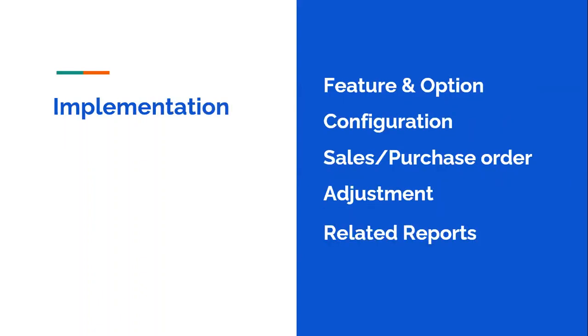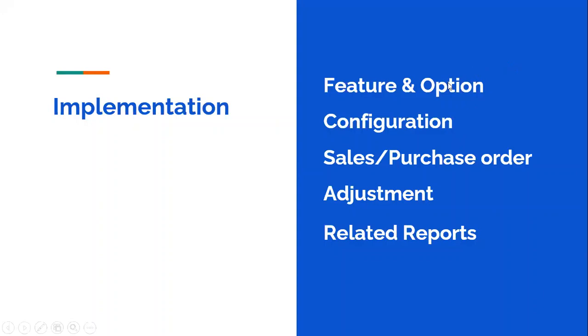Now let's have a look at the options that need to be implemented while using these features in Busy. The first thing to keep in mind is features and options. Whenever you want to enable this option, you need to go to the configuration option under the administration part.